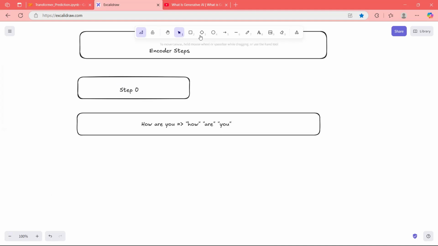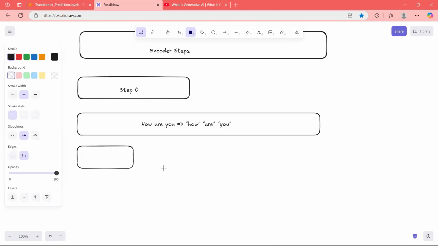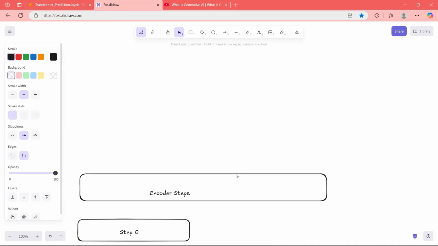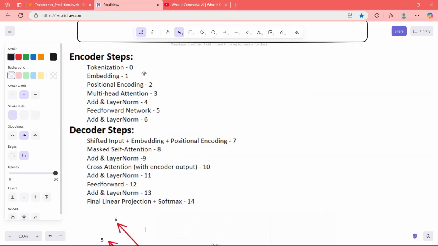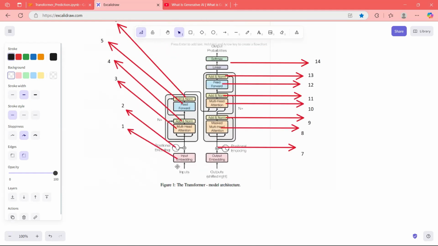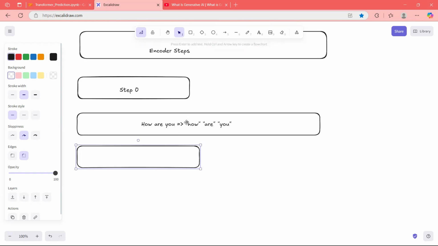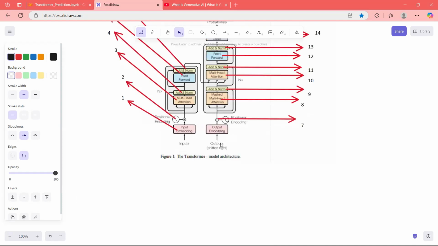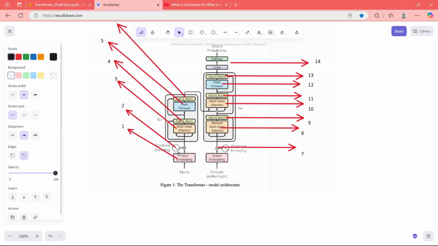What is step 1? Step 1 is embedding, and step 2 is positional encoding. If you come to the architecture, step 1 is input embeddings. Here how many words do I have? 1, 2, and 3. So how many embeddings will I have? 3 embeddings. To those 3 embeddings, my positional encoding vector will come and get added.